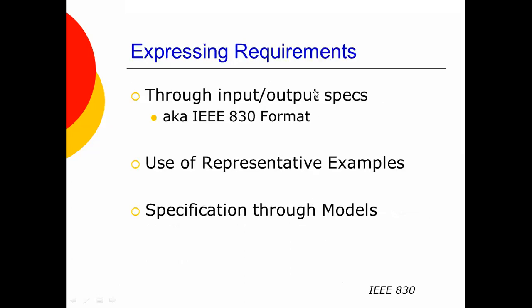Now, expressing requirements through input and output specification, because this has the interface with input and output devices, we can use the IEEE 830 format. This is one of the standards which we can use for input output specification. So this expresses the requirements. Use of representative examples, specification through models.